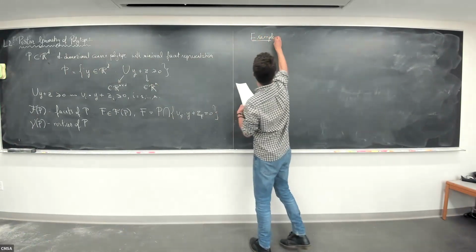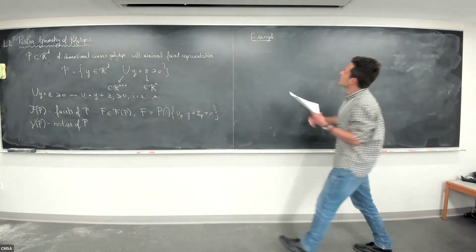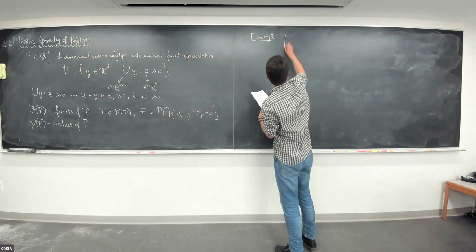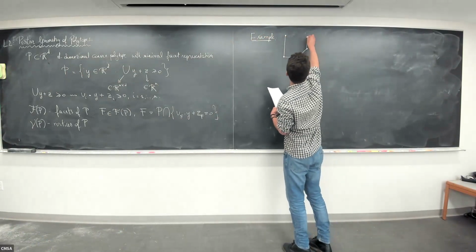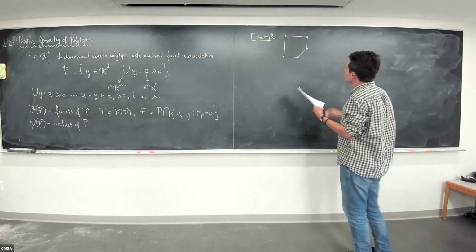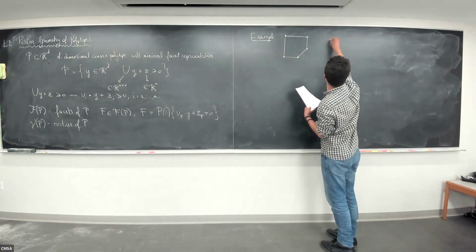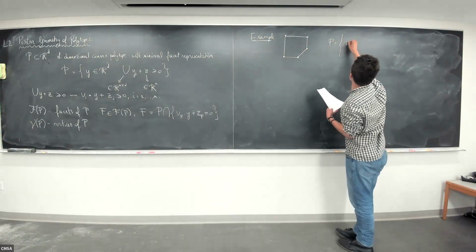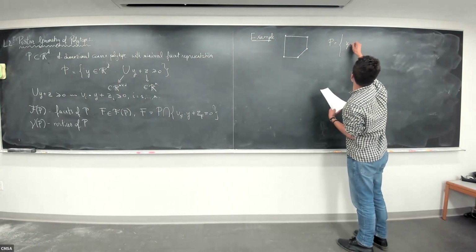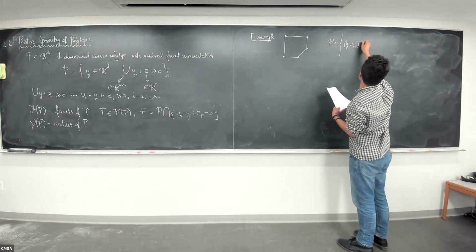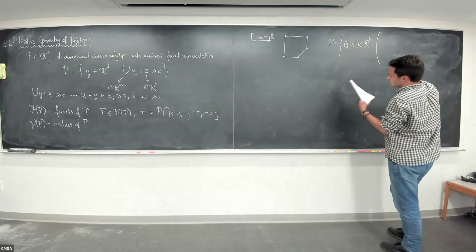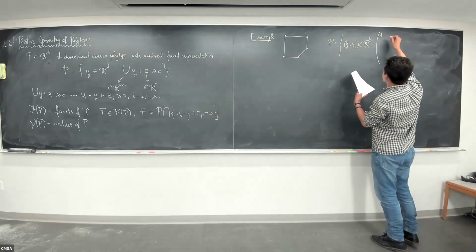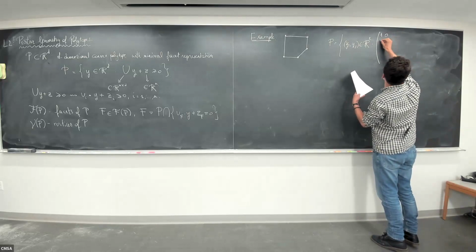Okay, before I continue, our running example is going to be a pentagon. So here P is a convex polygon. This is y1, y2 in R^2. The inequalities are given by, I need 5 of them, because there are 5 edges.